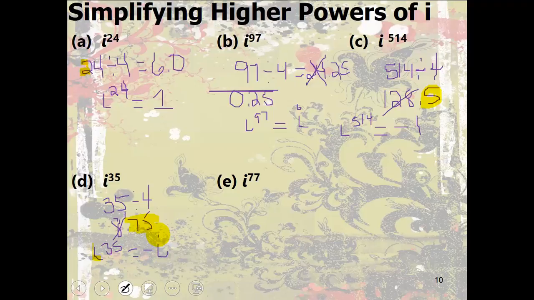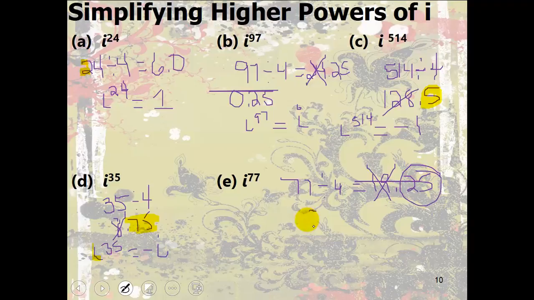i to the 77, I'm going to take 77, I'm going to divide it by 4, and I get 19.25. I don't really worry about how many groups of 4 there are, I just want to know the remainder.